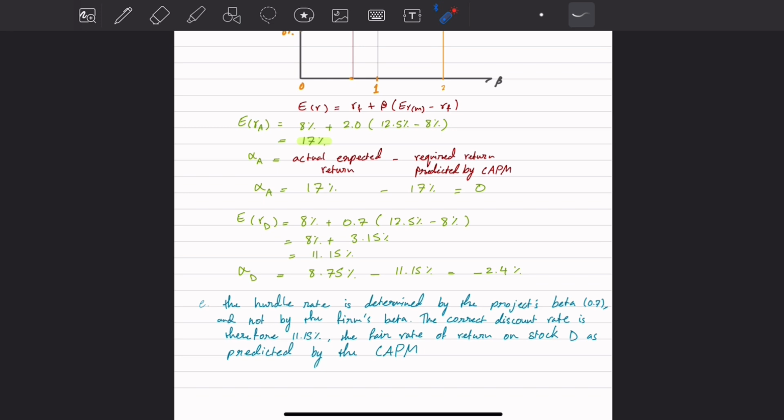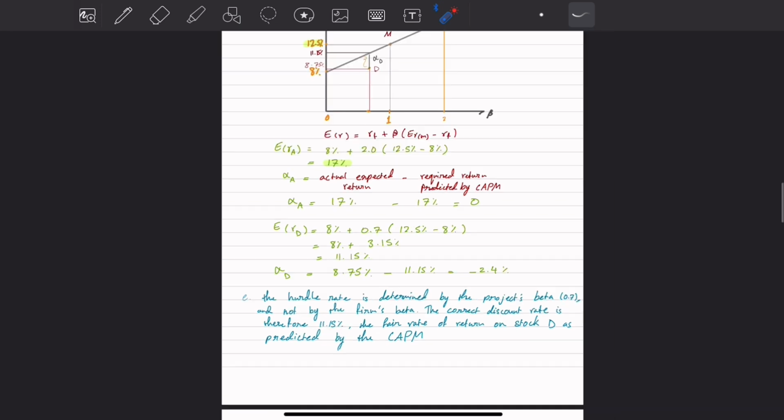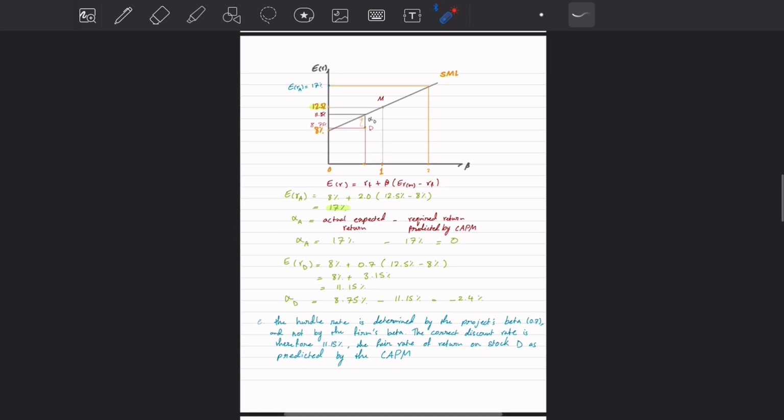And we say that the hurdle rate is determined always by the risk characteristics of the project. And since it matches the defensive stock, that means it's low risk. It's a low risk investment, and based on that, it would have a hurdle rate similar to stock D, the defensive stock, which is 11.15%.